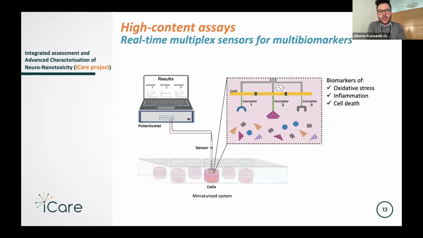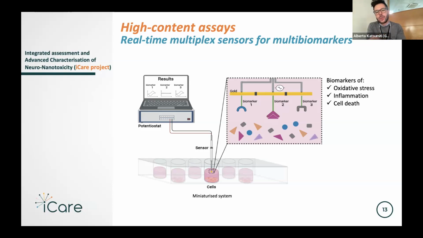Real-time methods, for example, in these steps we want to use high-content assays based on multiplex sensors for multi-biomarker measurements. So this development is ongoing. I know that we are able to measure these parameters in a bigger system, so we're talking about microplates of 24 wells.